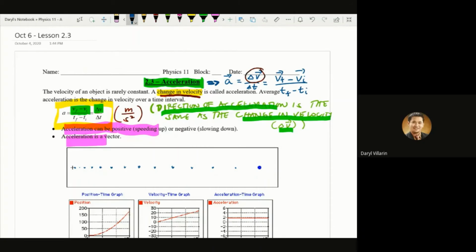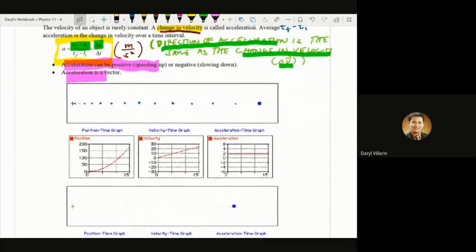If you graph this, this is what you will get: increasing position against time. The graph would be something like this. It's not a straight line, so right away you can say that the object is accelerating. In this case, it is increasing in velocity, because remember that the velocity of the object at any time t is given by the tangent line at any point. The tangent lines here increase, so that means that the velocity increases.